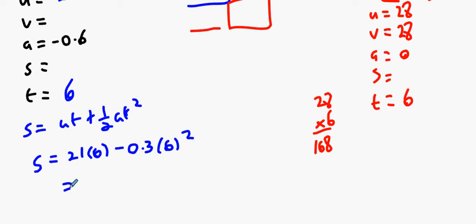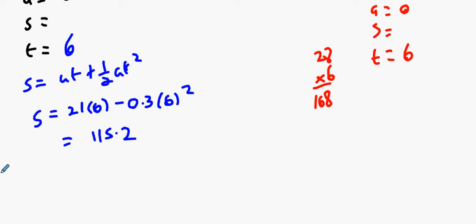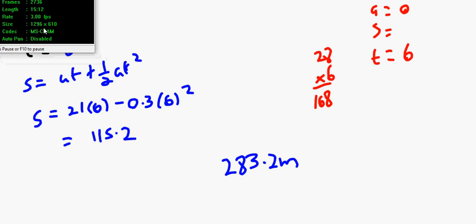And I believe that's going to be 115.5. 115.2, my bad. Yeah, 115.2. Add the 115.2 that goes to the left to the 168 to the right, add the two of them together, you get a total distance of 283.2 meters apart. Right, happy days, that took a long time.